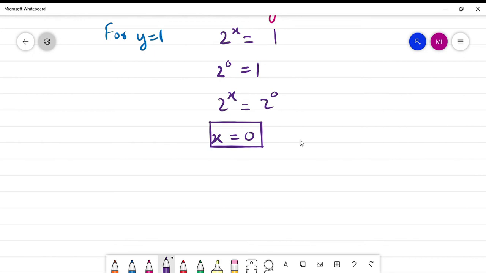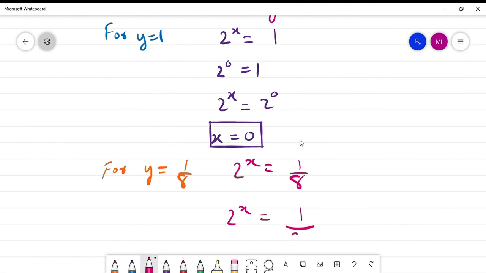And for y is equal to 1 over 8, 2 to the power of x is equal to 1 over 8. And so 2 to the power of x is equal to 1 over 2 cubed, because 8 is equal to 2 cubed.